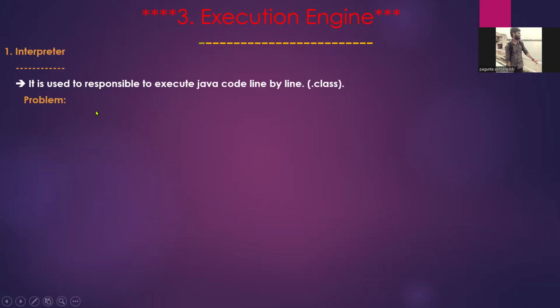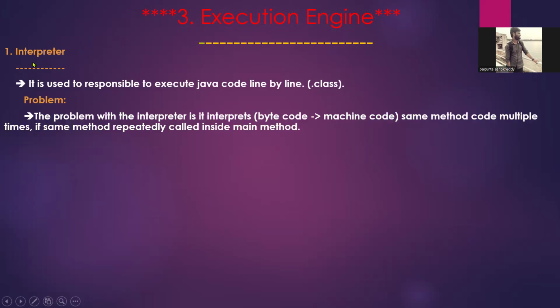If the same method has to be executed multiple times, it slows down. The problem with the interpreter is that it interprets the same method code multiple times if the method is repeatedly called inside the main thread.